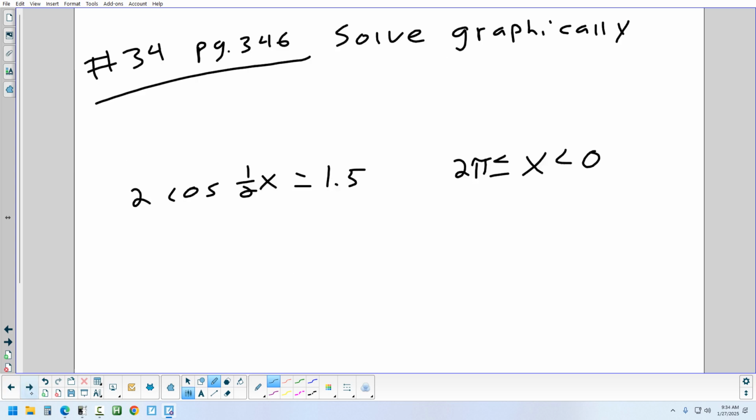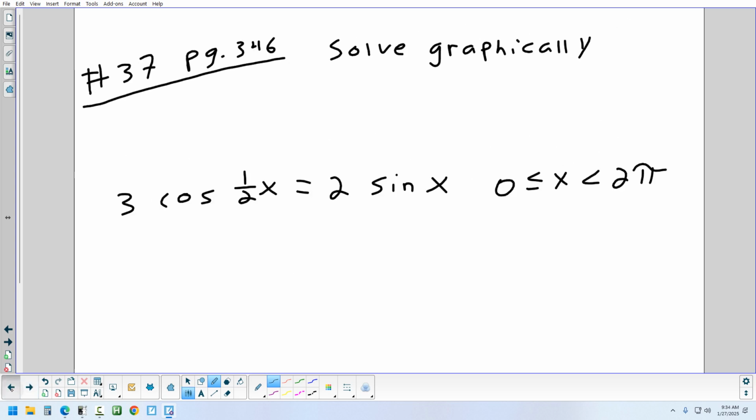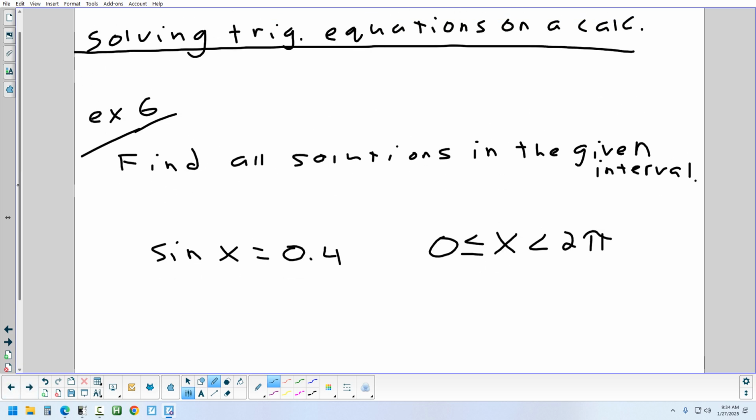All right. And now let's finish up by solving a few equations on the calculator. When you are solving a trig equation, there's one of two ways to think about it. You're either going to write just certain answers, or you're going to try to write every answer.